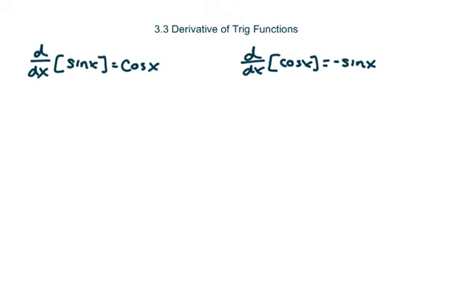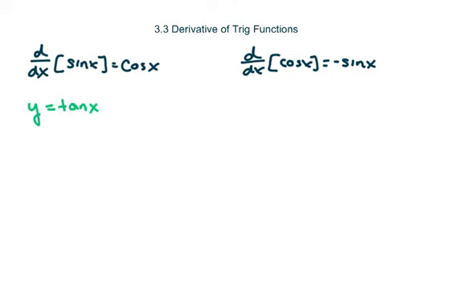What I want to do in this video is to talk about the other ones. So let's talk about what would happen if I need to find the derivative of tangent of x. Now, to prove this one, it can be challenging if we think of it as just tangent of x.